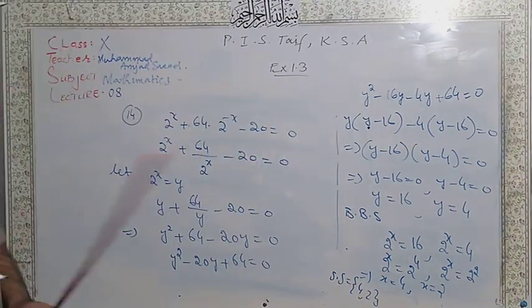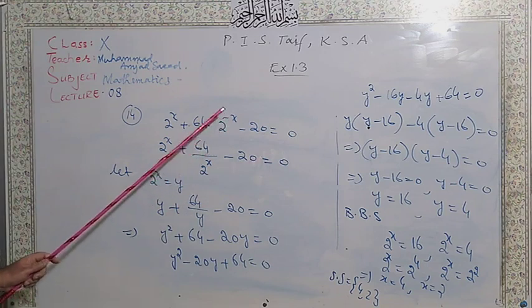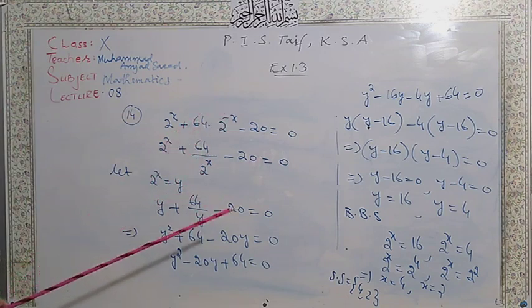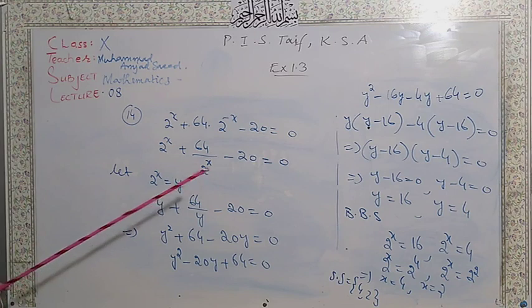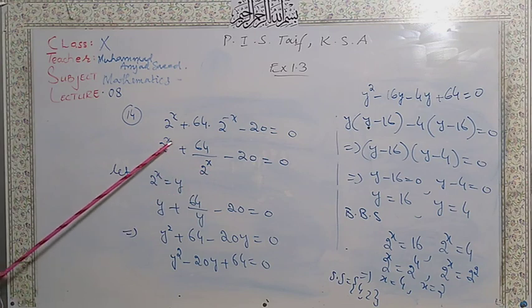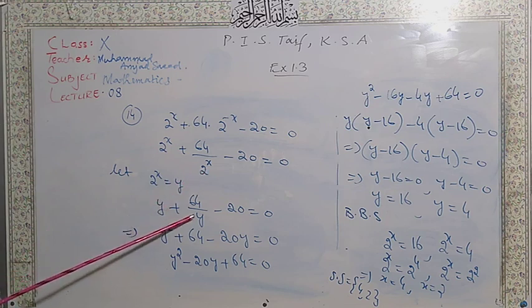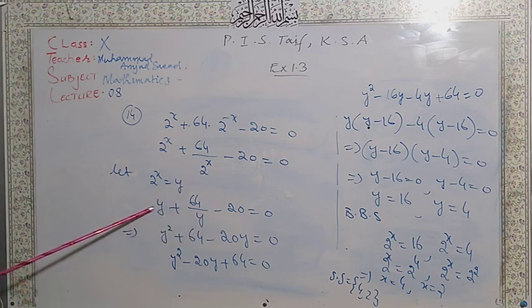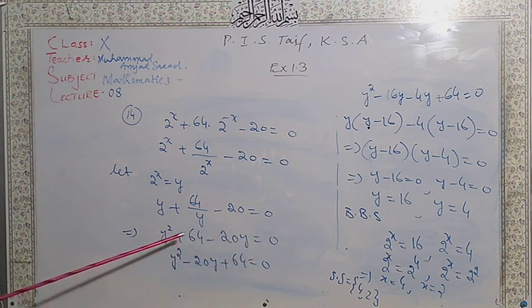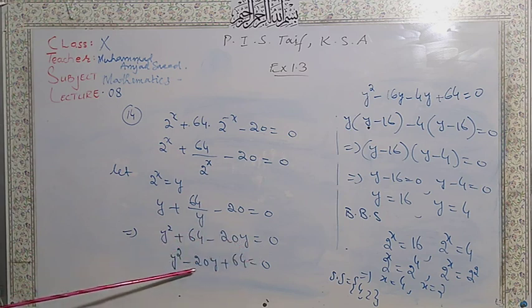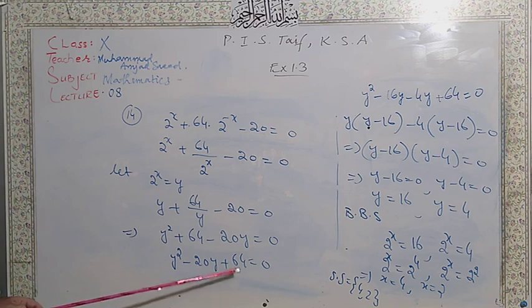That is your answer. Dear students, first of all, 2 raised to power minus x was shifted to the denominator. After that, we substituted 2 power x equal to y. There is y, here is y. After multiplying by LCM, that is y, we got this equation and wrote it in the proper standard quadratic equation form.